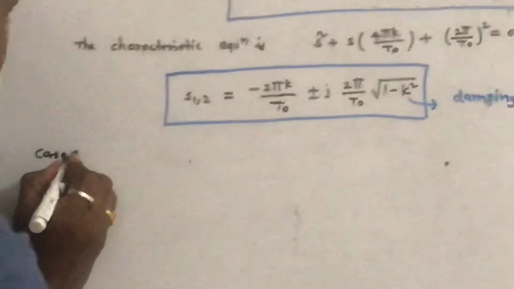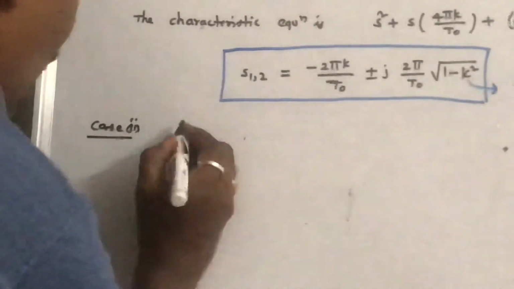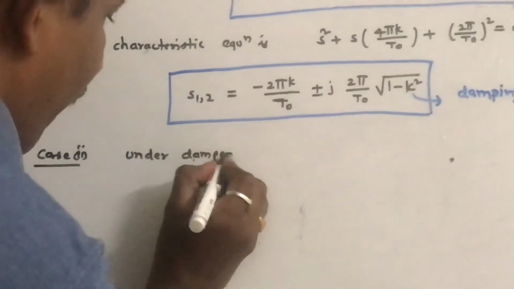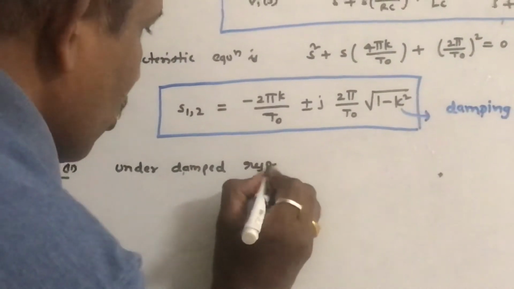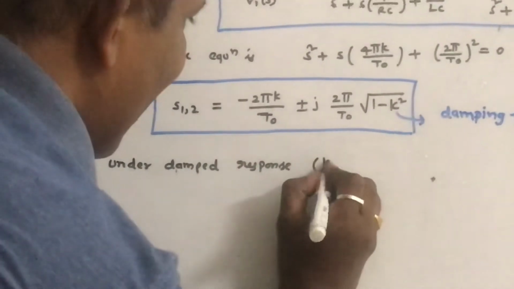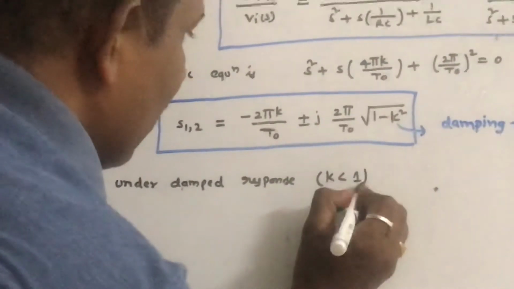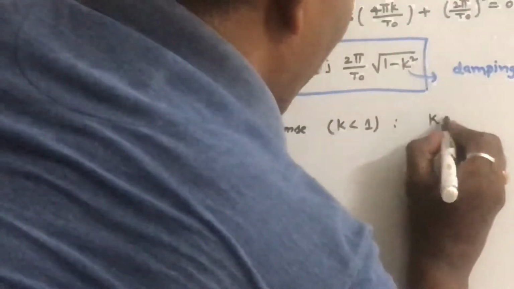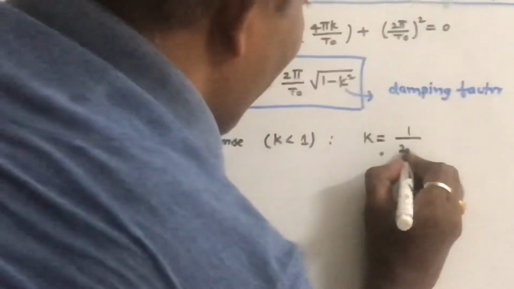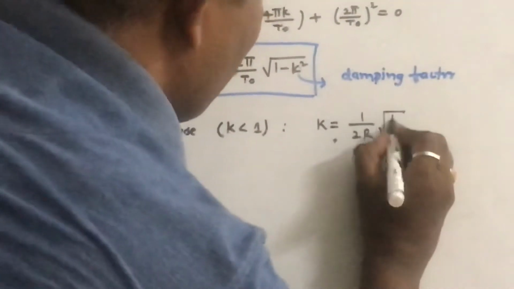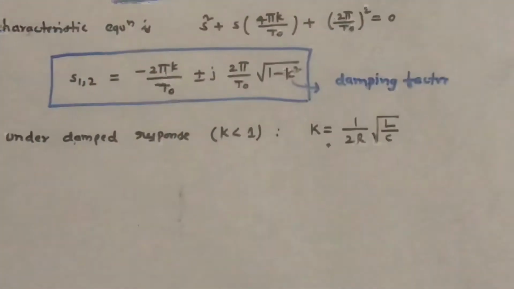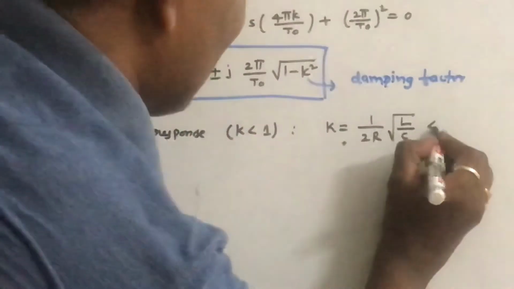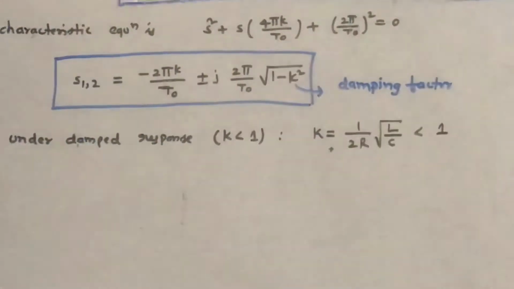We are taking case 2, underdamped response. So that is k is less than 1. Remember that, the underdamped response means k is less than 1. So that means one more formula we derive. We have defined the damping factor k is equal to 1 by 2R root L by C, which is less than 1.